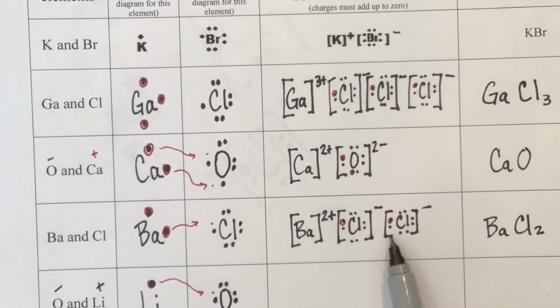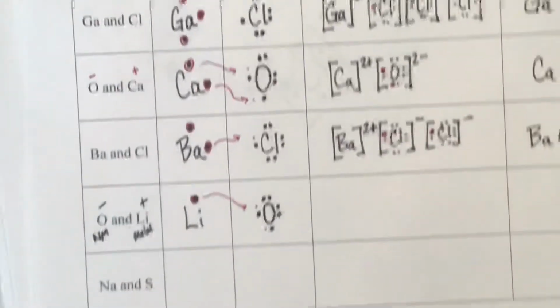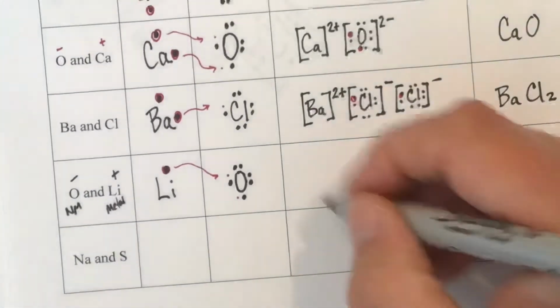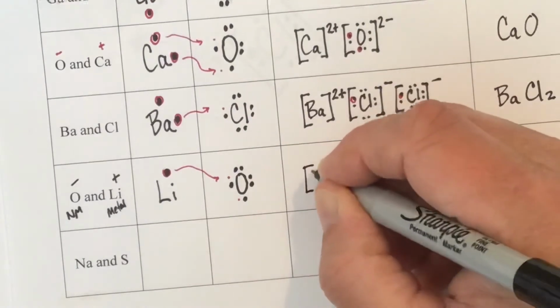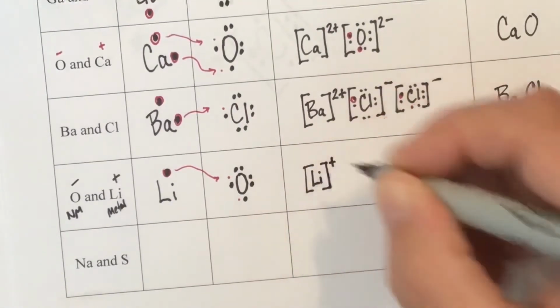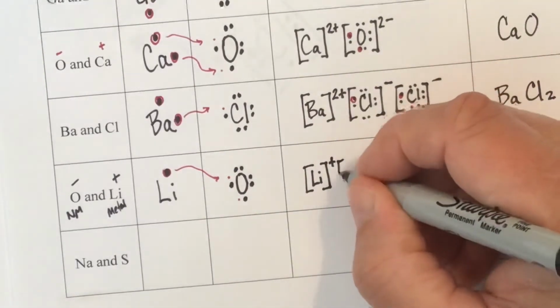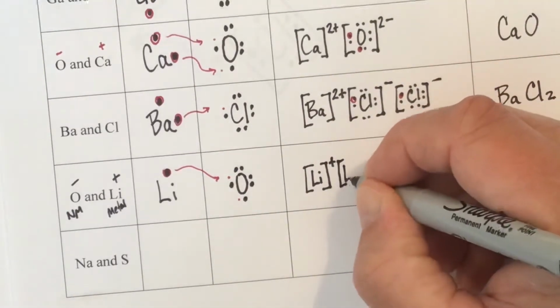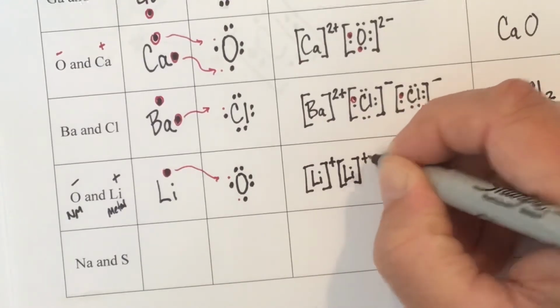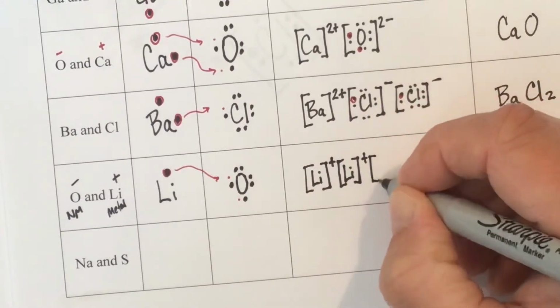Well, just like up here, where we got another chloride to accept an electron, we're going to get another lithium to donate another electron. So we're going to have lithium, and this one's going to give up 1 electron and be +1. And we're going to get another lithium to give us another electron. And then we're going to have our oxygen here.